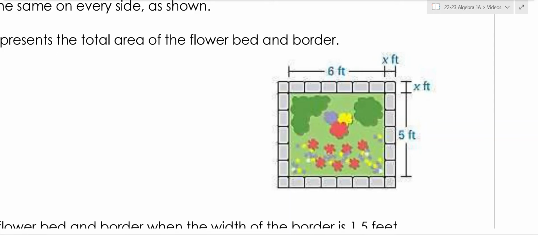Can we see yellow? No, we can't see yellow. Blue. Okay, so not including this outside paver, notice where the line starts. From here to here is 6 feet. So from this paver to this paver is 6 feet.